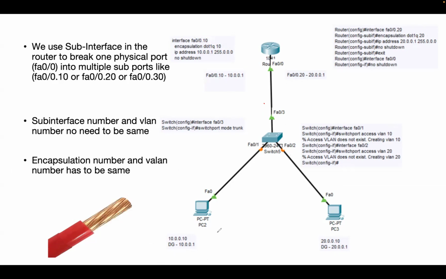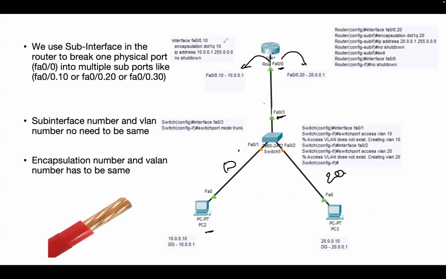So the condition is we have PC1, PC2 in VLAN 10, PC3 in VLAN 20, and they want to communicate. Traffic will come here and go through the trunk interface. Here the trunk allows both VLAN 10 and VLAN 20 traffic. But on the router we have one physical interface, so we broke it into two pieces.